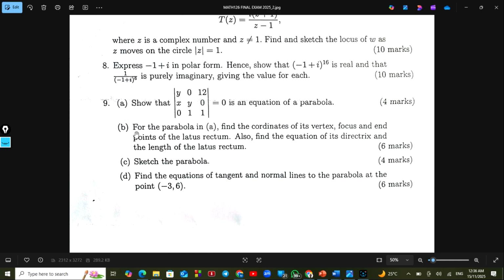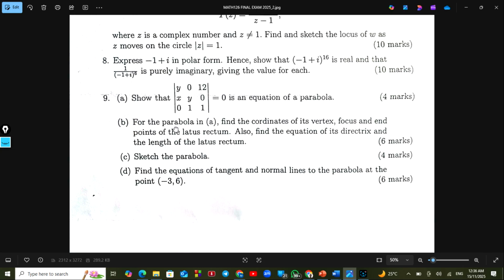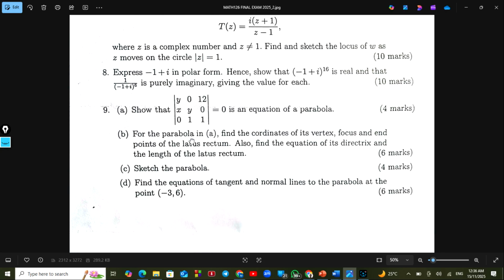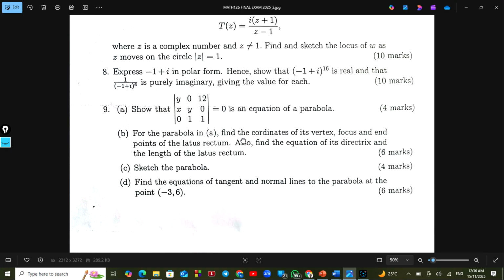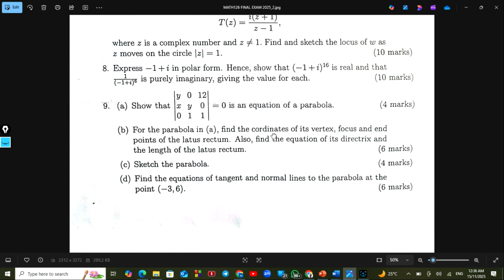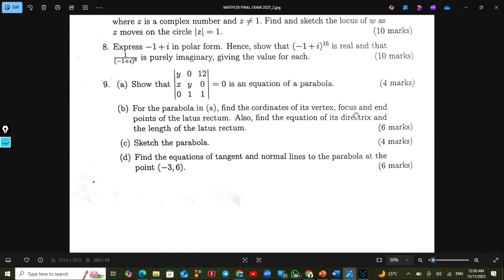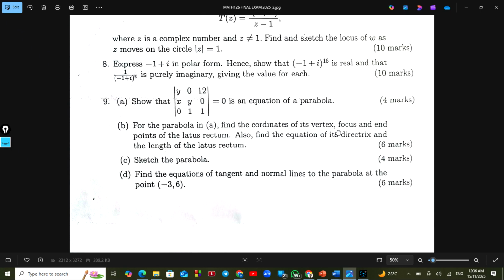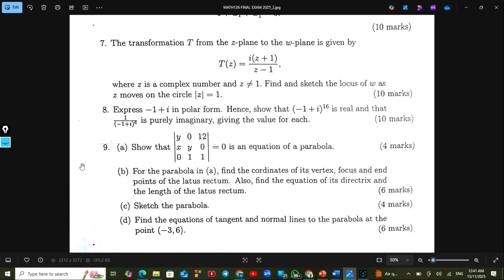For that parabola in A, find the coordinates of the vertex, focus, and endpoints of the latus rectum, and sketch the parabola. So now let's find what we are asked to find in B.